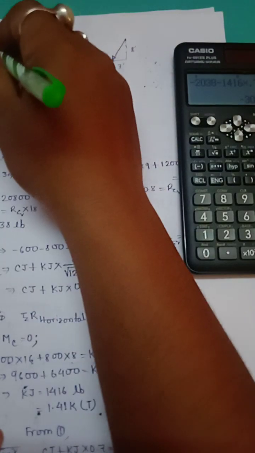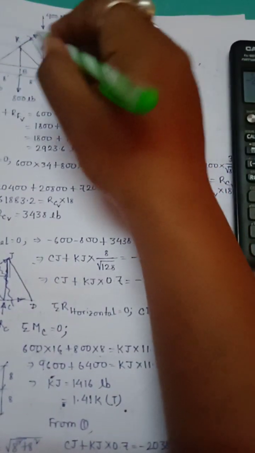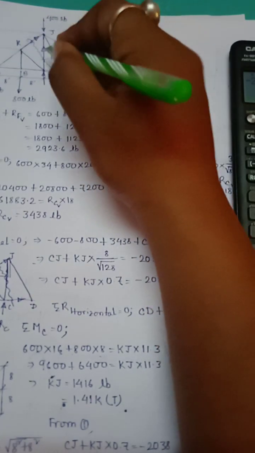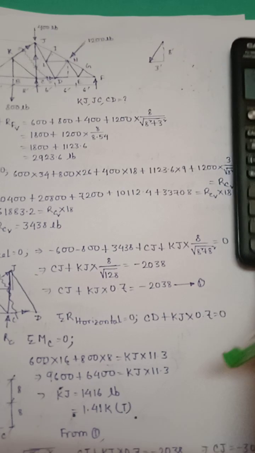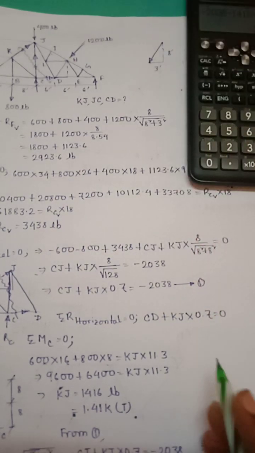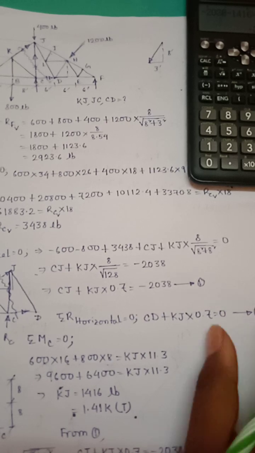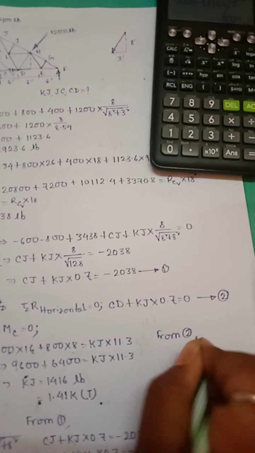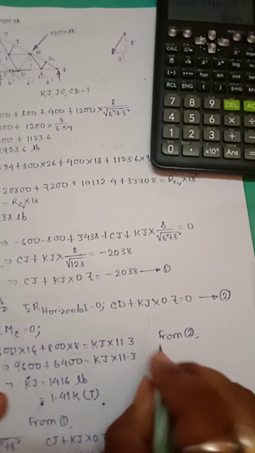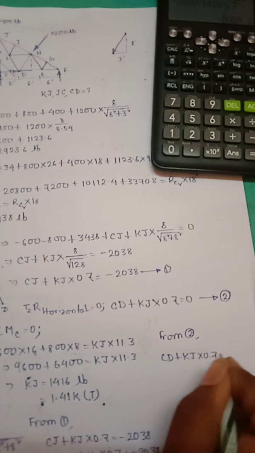And we have solved for KJ, we have solved for CJ, and now CD. For CD this will be enough. From 2, CD plus KJ into 0.7 equal to 0.